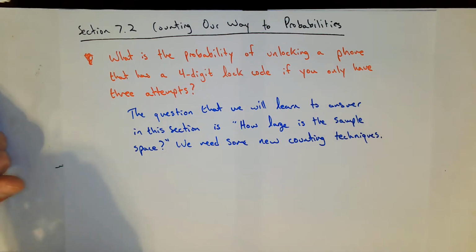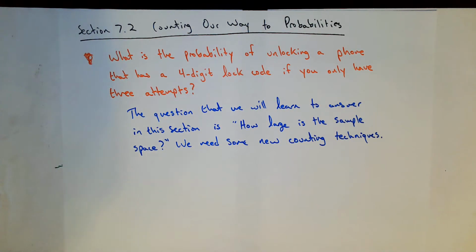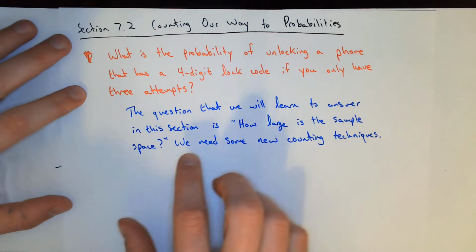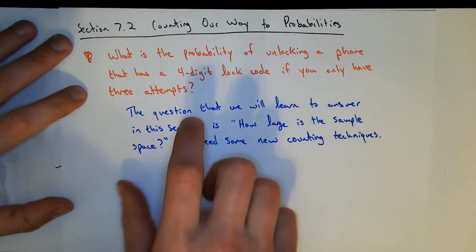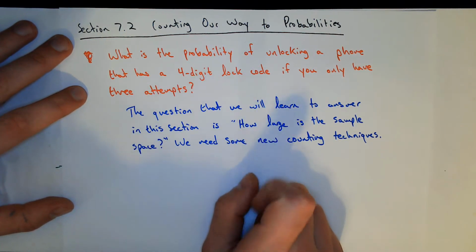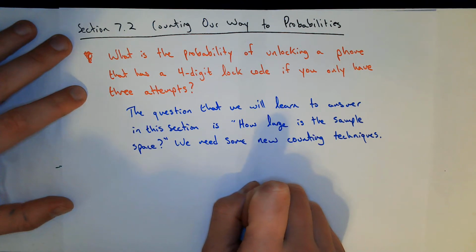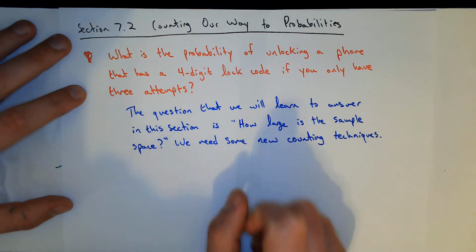Okay, let's think about this one. What I'd like to do is draw a picture, or some kind of diagram, that will describe how many different possibilities we have for a 4-digit lock code.